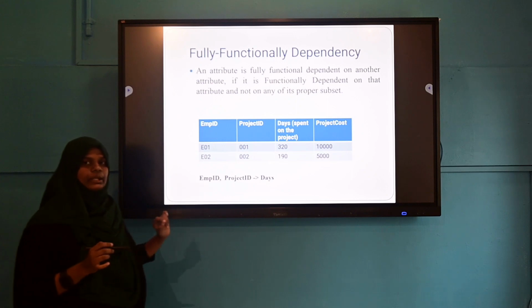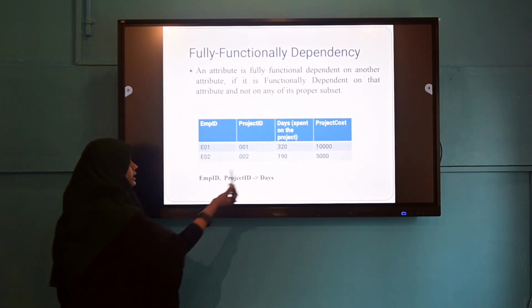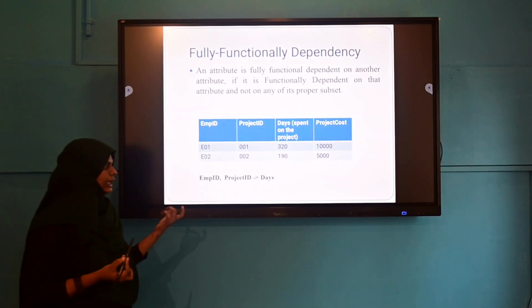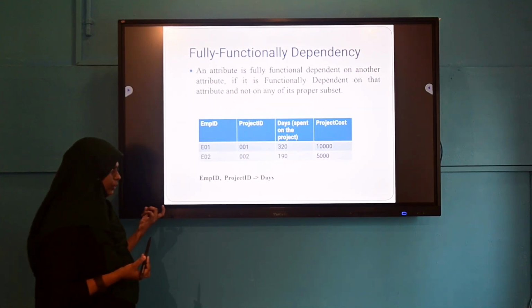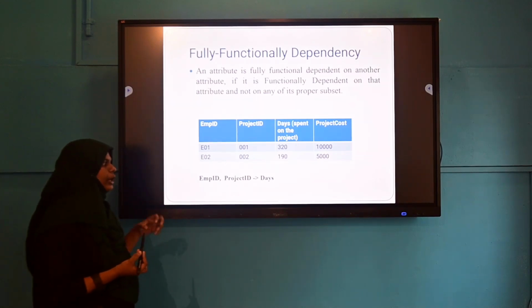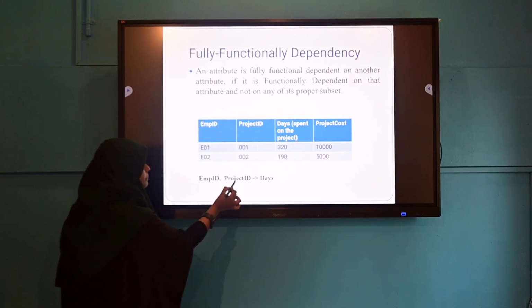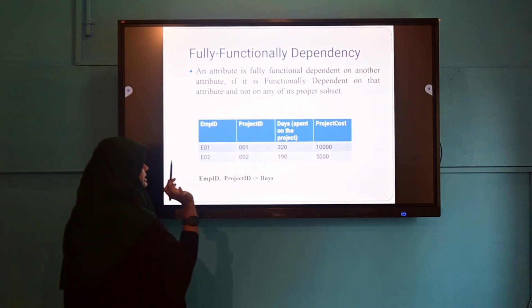Here we are defining a functional dependency: employee ID, project ID gives days. That means if we get the employee ID of an employee and project ID, then we can calculate the number of days required for that particular project for that particular employee. Here, by combining employee ID and project ID, we will get days.